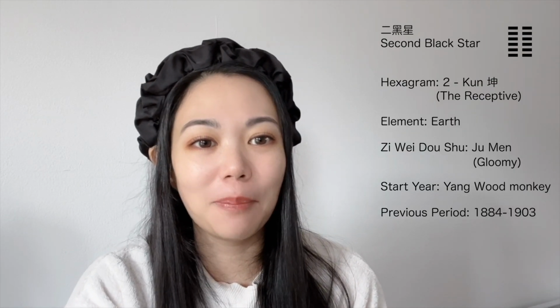This one is easy to understand. The second black star's corresponding star in Ziwei Dou Shu is Qu, which is associated with communication, anything to do with the mouth. And in the flying star system, the second black star is also considered one of the most unlucky stars. Together with the 5th star, they are the worst stars in the flying star system.